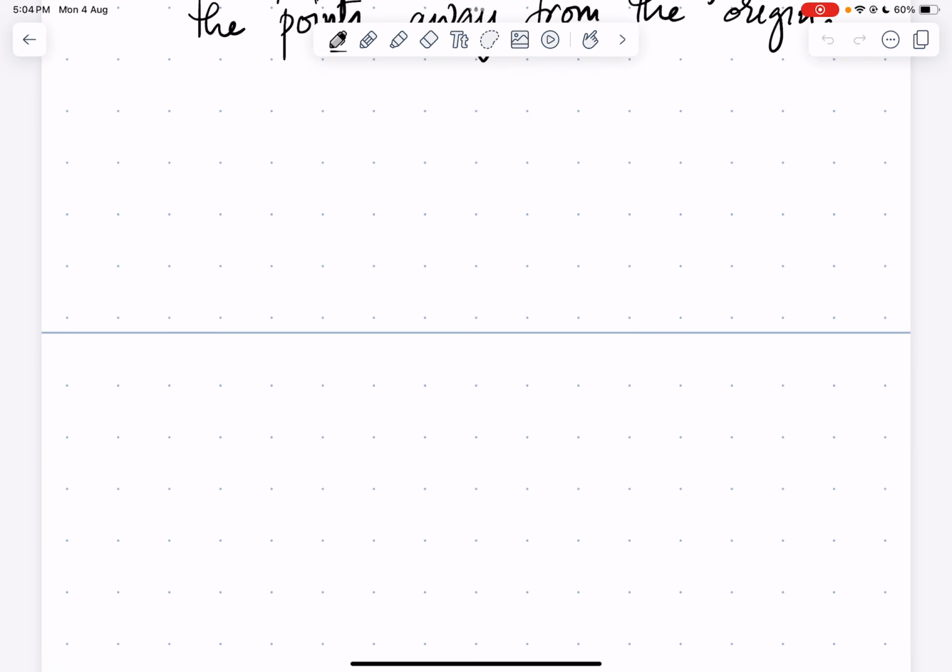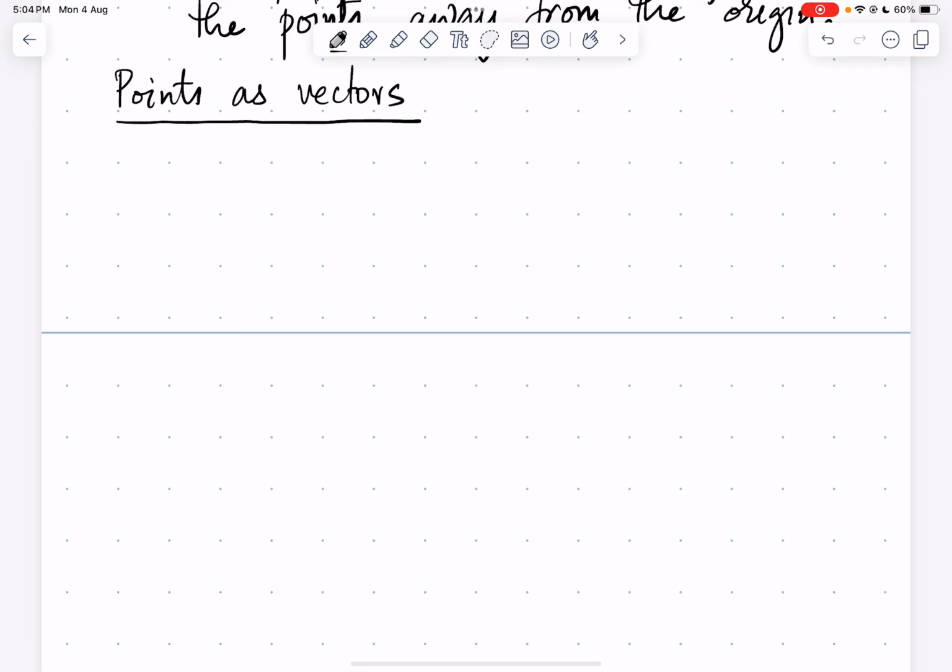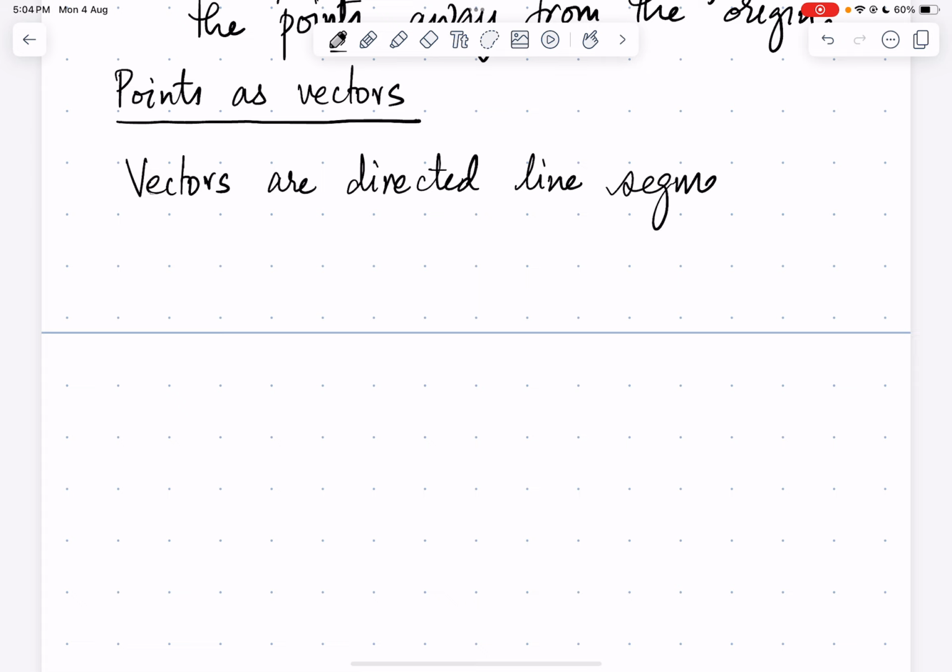Okay, let's continue. So we'll study points as vectors. Vectors are directed line segments. A vector is just a directed line segment.